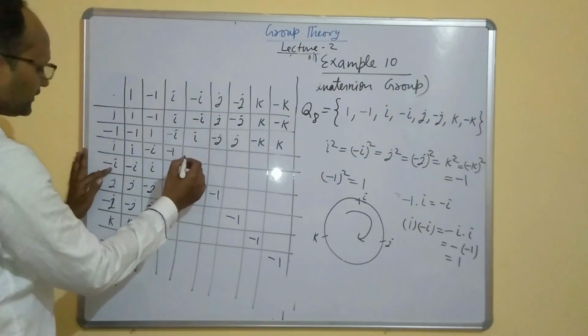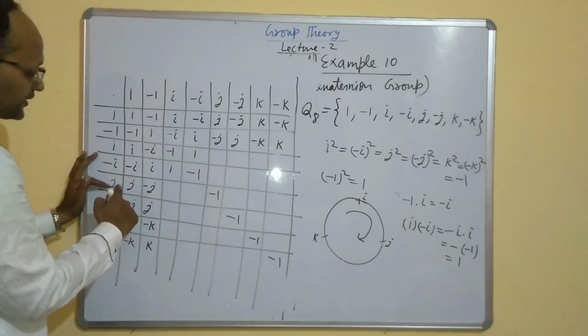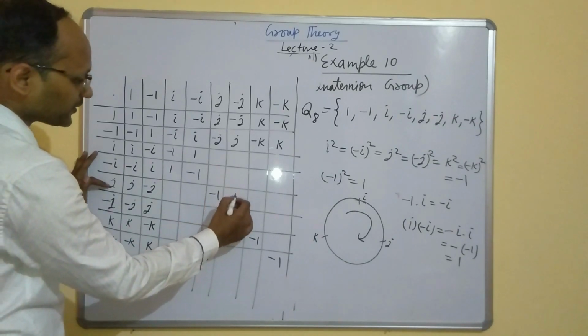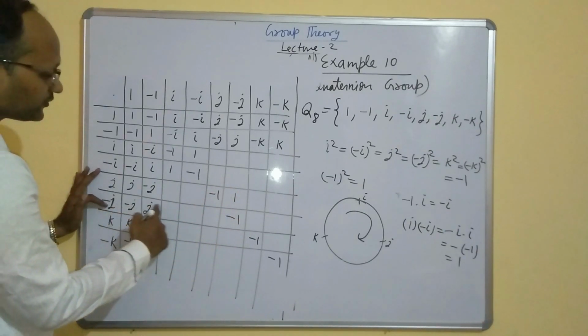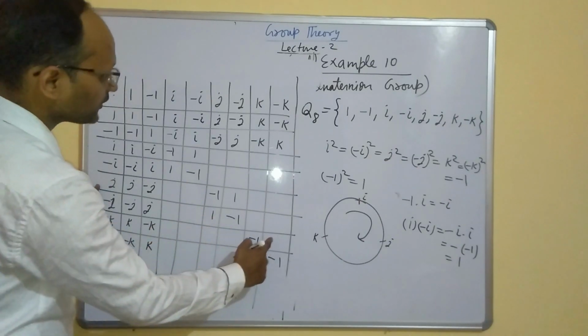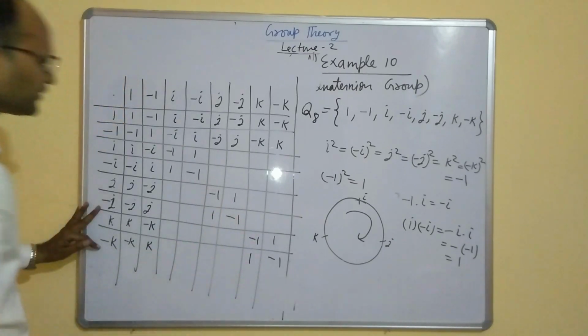So i into minus i is plus 1, minus i into i is plus 1. Similarly j into minus j is plus 1, and minus j into j is plus 1. Similarly k into minus k is plus 1, and minus k into k is plus 1.